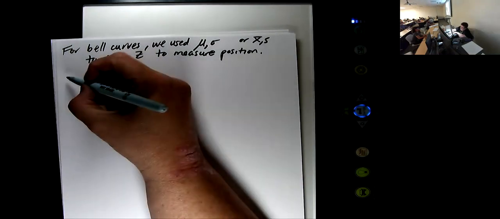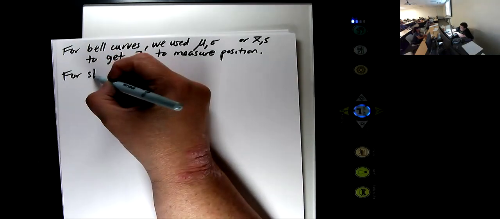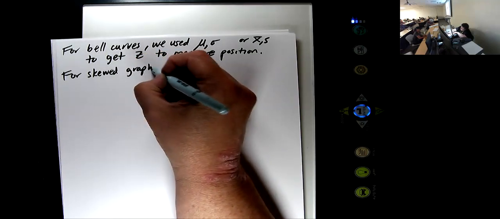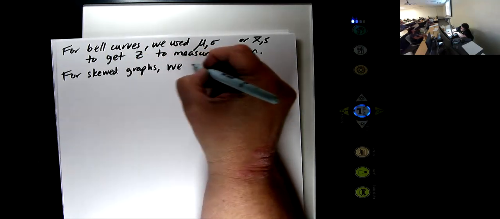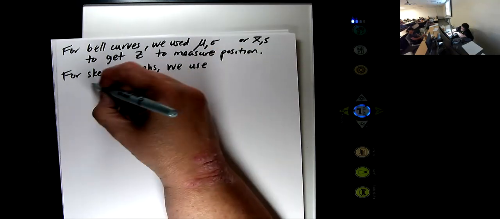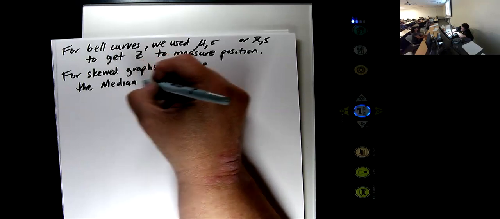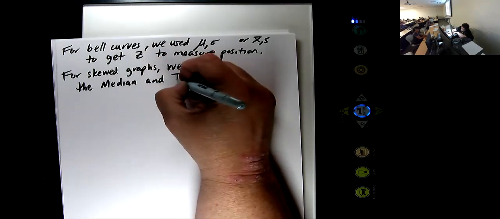For skewed graphs, we use the median and IQR.